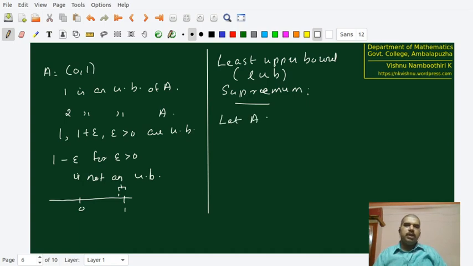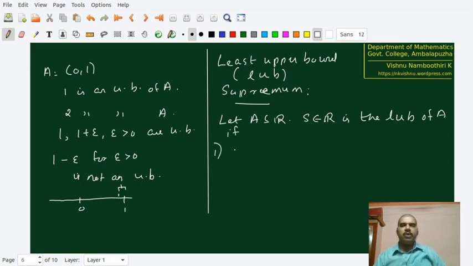Let A be a subset of R. A real number S is the LUB of A if it satisfies the following two conditions.